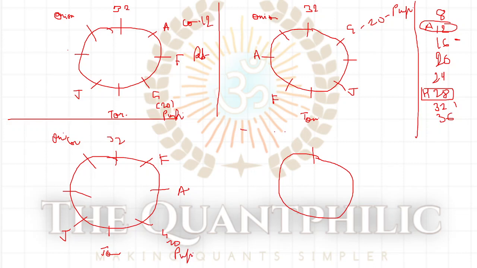ओके, यहाँ लाइन खींच दो, हाँ यहाँ। ओके। 32 over here, so A is here, so in this case A will be here and F will be here. Tomato, J over here, G over here, 20 over here and pumpkin right over here.